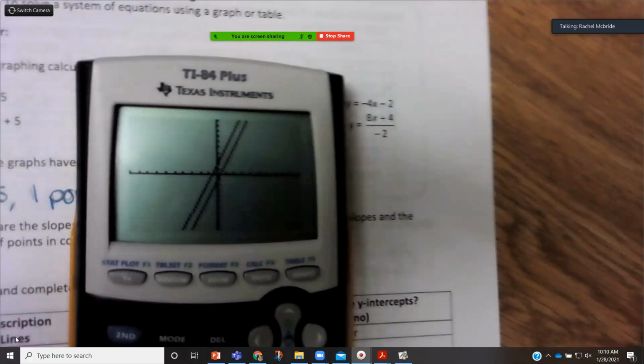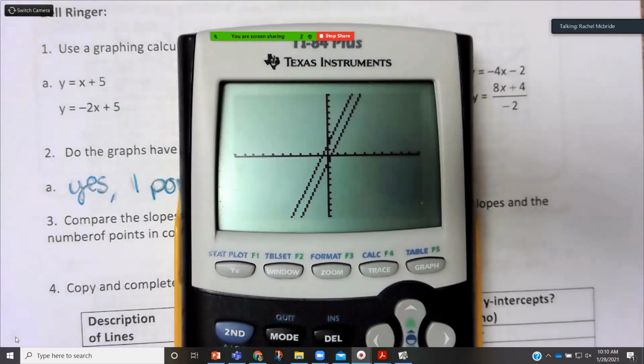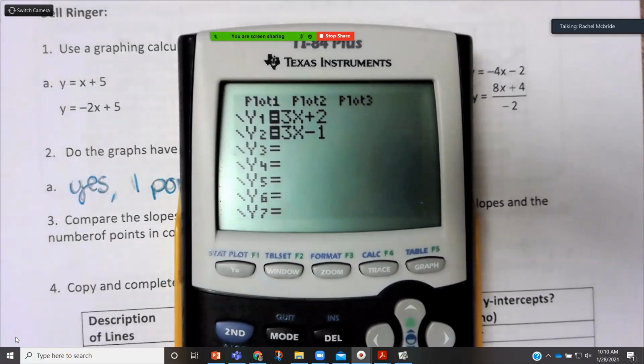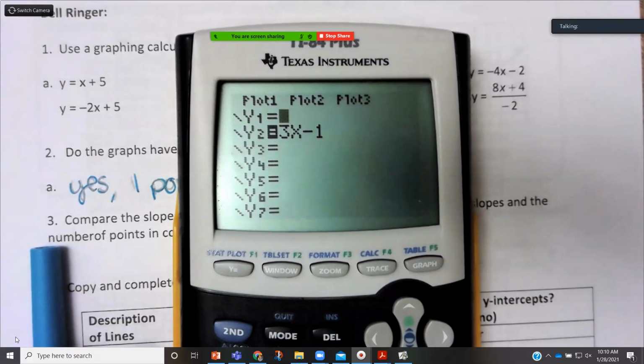Okay, going back to that graphing calculator. For this part, I'm going to teach you how to type fractions on your calculators today. So clear out equation 1, put in that negative 4x minus 2. And then if you're using my graphing calculators, you have to be careful about how you type in the equation for part 2.